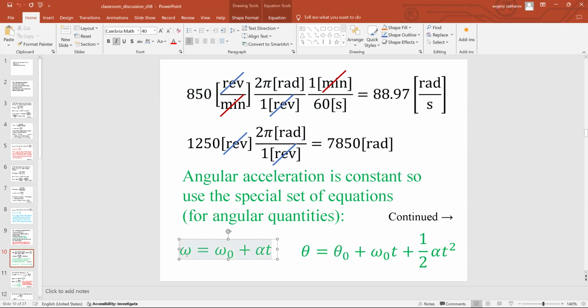See how this is an analog of v equals v sub 0 plus at, and x equals x sub 0 plus v sub 0 t plus 1/2 at squared. So you replace all the linear parameters with angular parameters, and those are your kinematics equations for the constant acceleration case.